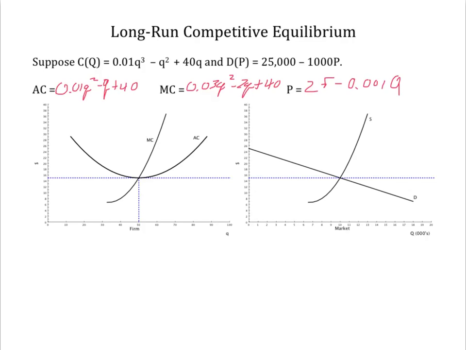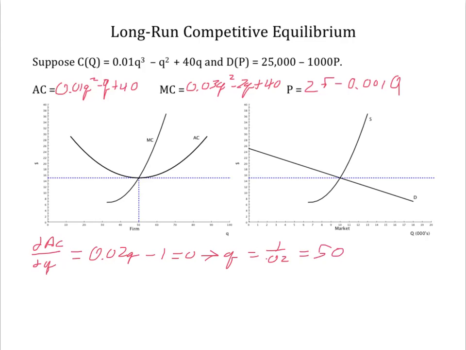Entry or exit will drive price to minimum average cost, which occurs where marginal cost equals average cost, or where the partial derivative of average cost with respect to Q is equal to 0. So 0.02 Q minus 1 equals 0 implies Q equals 1 over 0.02, or 50.